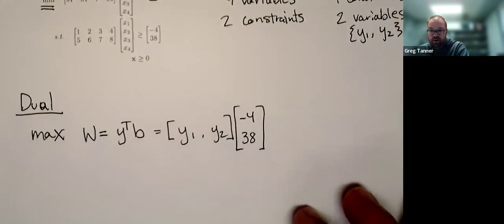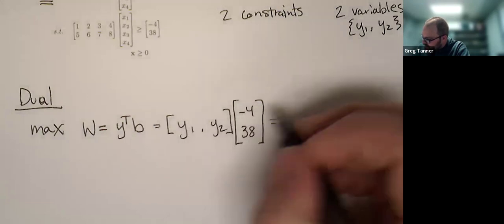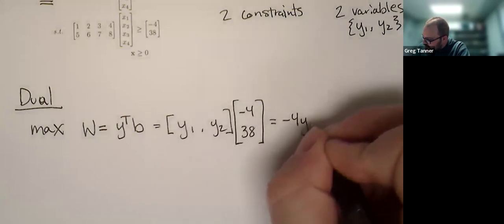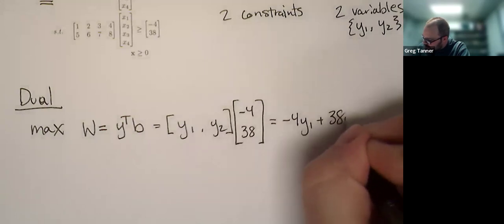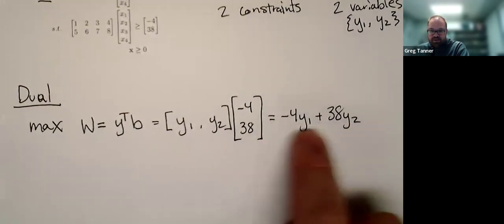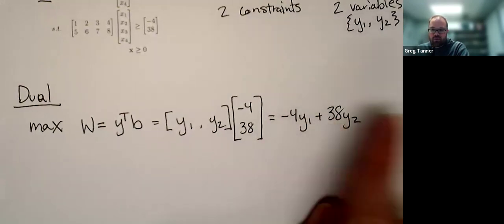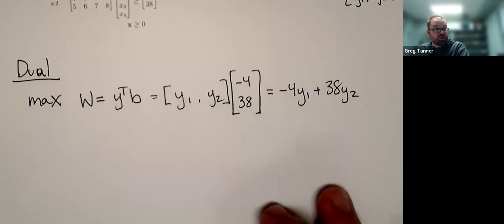Okay, so that's our new objective row. And if you write that out, that's y1 times -4 or -4 y1 plus y2 times 38. So 38 y2. Okay, and so really that is just going to be a number once we know what y1 and y2 are. Now let's look at our constraints.